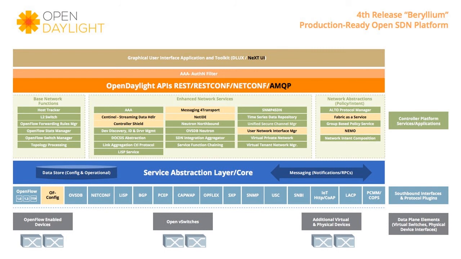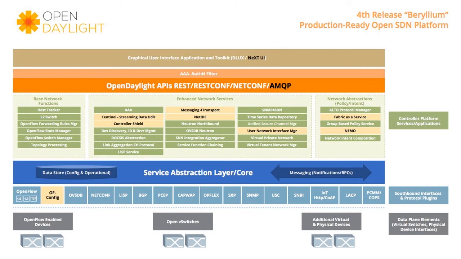But the key points I wanted to call out is that we essentially have an architecture which is drivers for different kinds of southbound protocols and devices at the bottom. Then we have an abstraction layer, which provides essentially the runtime and ability to interact between network services and applications and everything that runs on top.